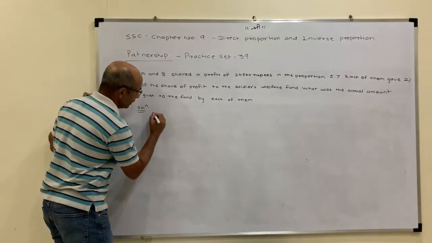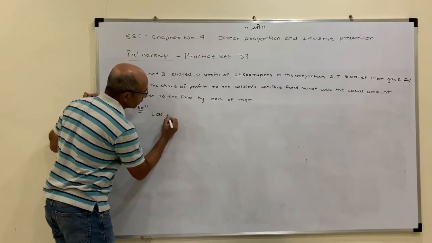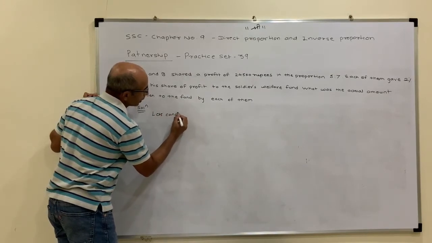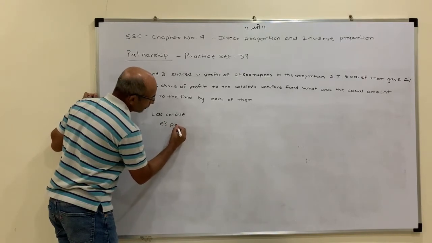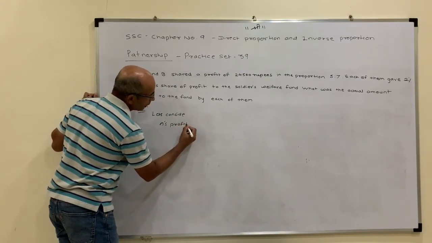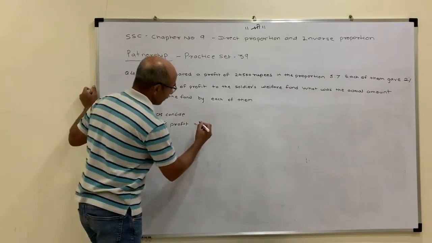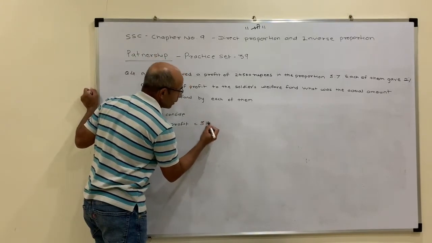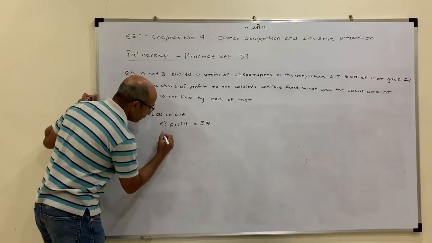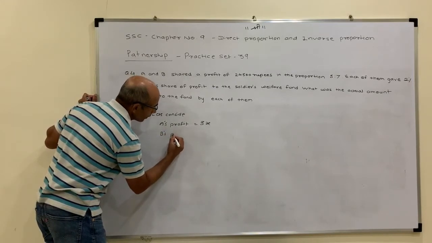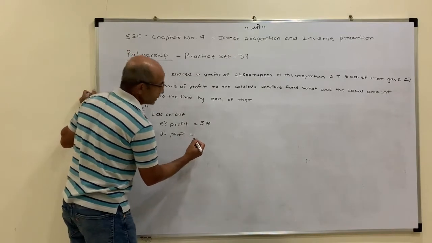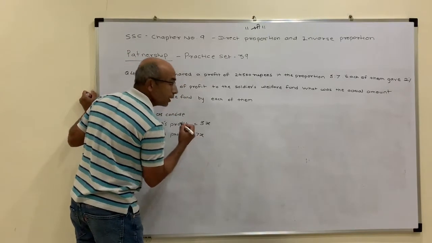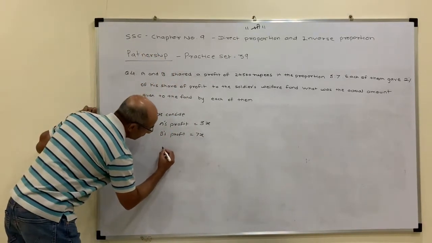So let's consider A's profit equals 3x, B's profit equals 7x.